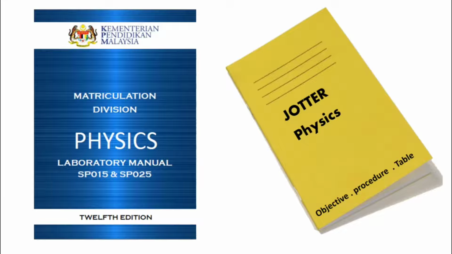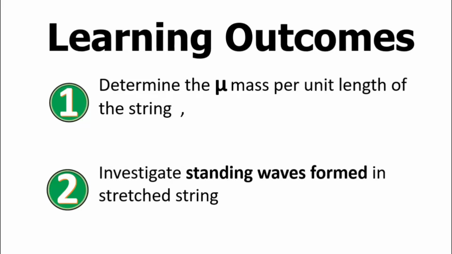Before going to the lab session, make sure you have the objective, a brief summary of the procedure, and the table for data collection ready in the jotter. You can also add a sketch to the procedure as a visual tool to help you with the procedure. It does not need to be perfect or beautiful. Just keep it loose.